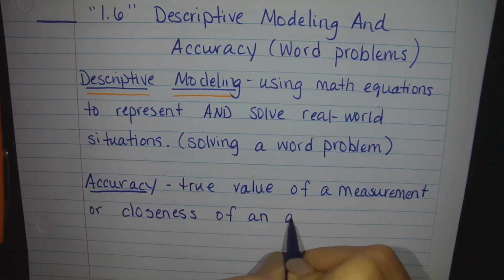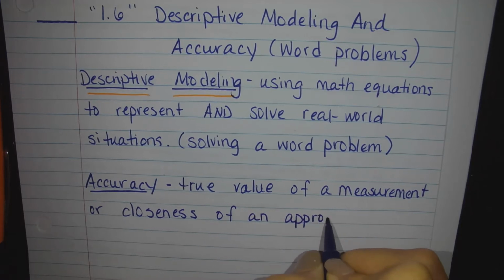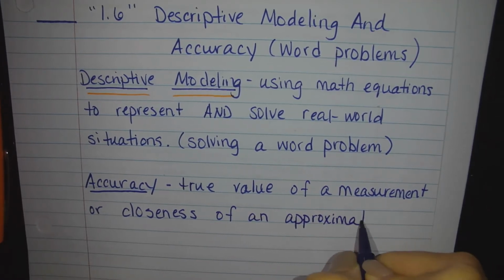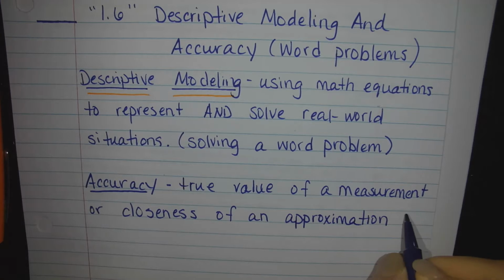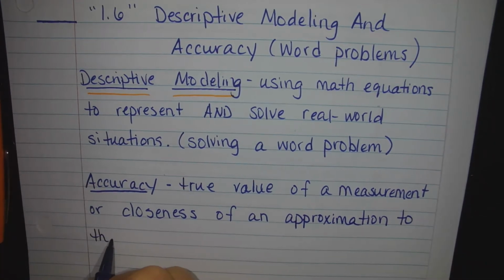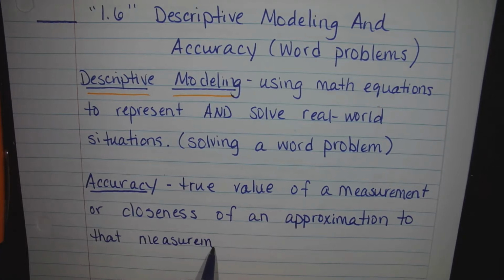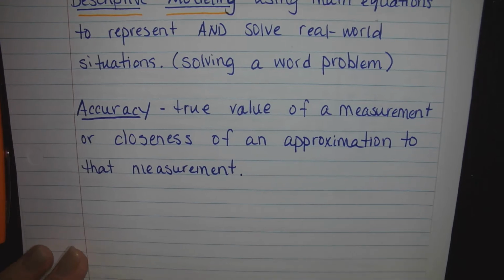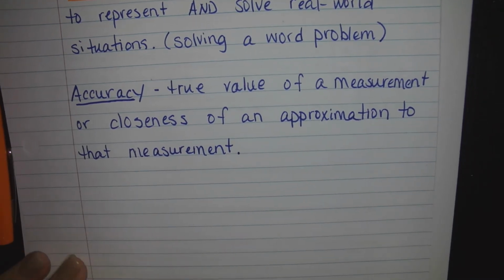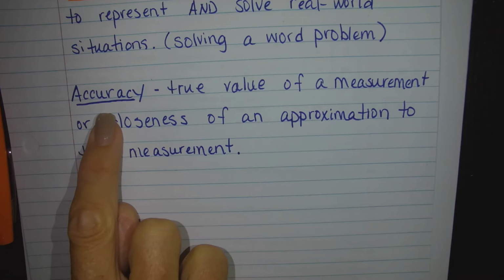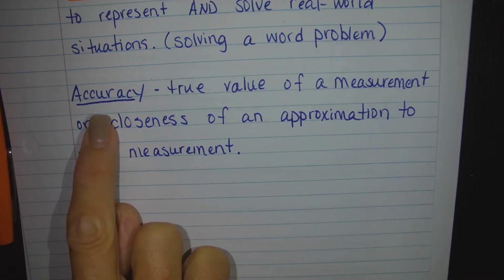Of an, here's a big word, but you've heard it before, approximation to that measurement. You can hit the bullseye and not be exactly in the center. Do y'all agree? The bullseye shows the center, but there is one point that is exact. Does that make sense? That's basically what accuracy can also mean.